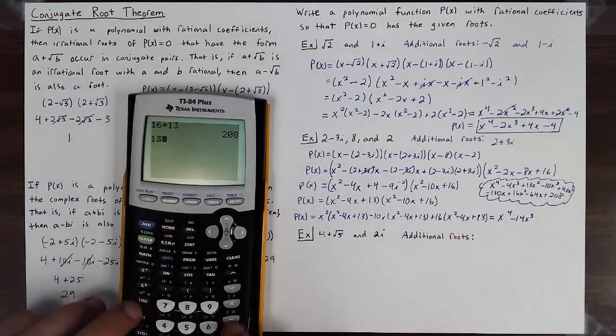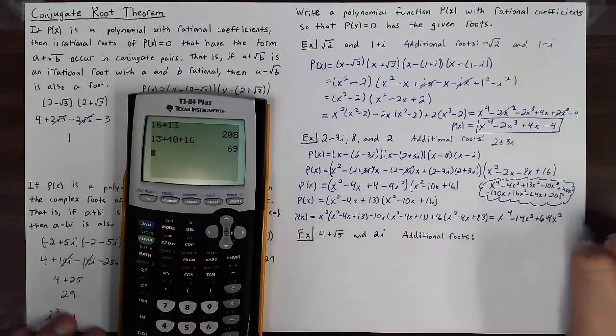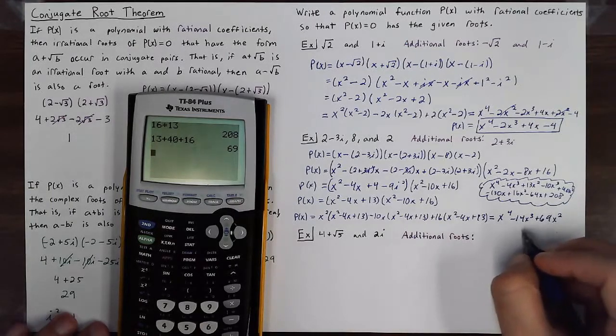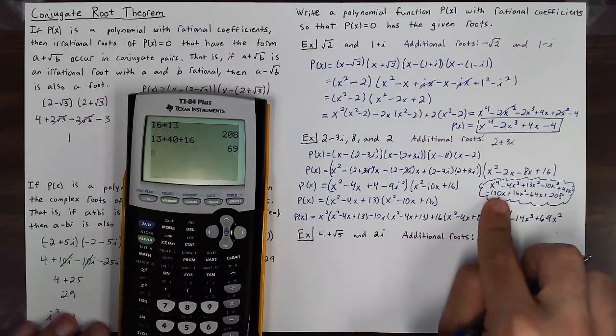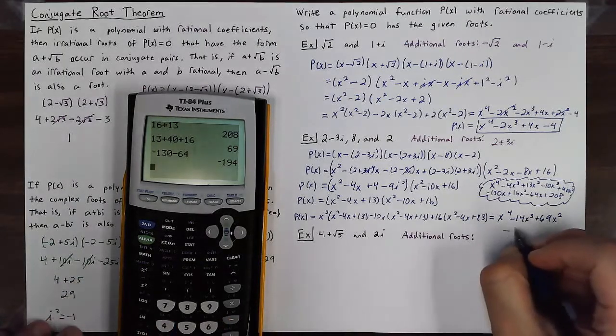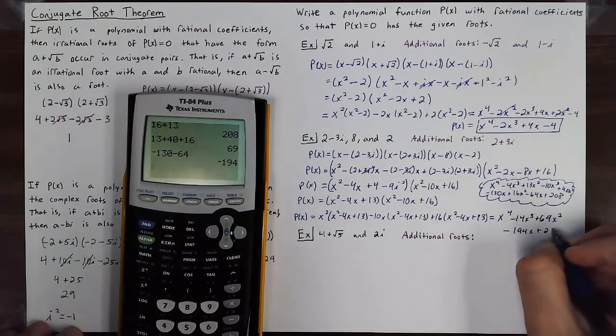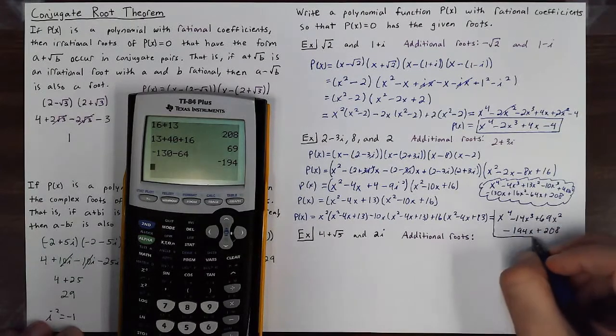So 13 plus 40 plus 16 gives me plus 69x squared. Now I'm going to finish it off on the bottom row, but I have negative 130x minus 64x give me minus 194x, and then plus 208 for that polynomial.